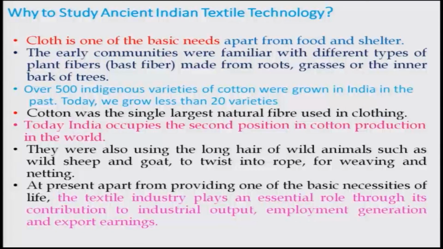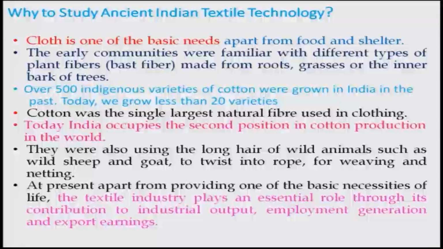Fortunately, in India we had 500 indigenous varieties of cotton, but unfortunately at this moment we are growing only 20 varieties, and the rest have gone with the wind. India is endowed with a very good climate and good soil, and therefore with several biodiversities, we have several kinds of cottons.